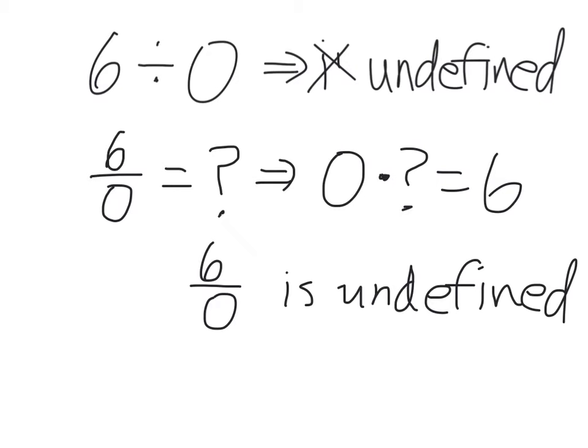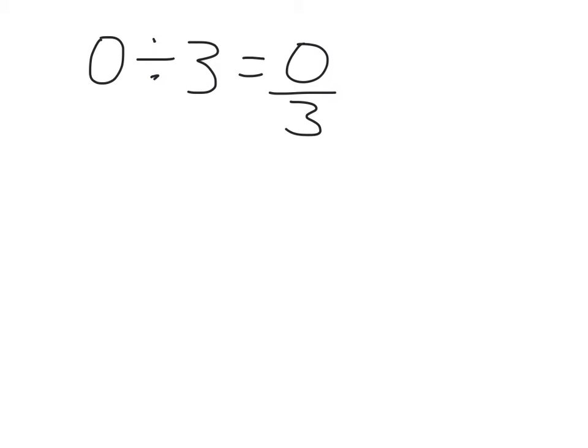Now, what if we do 0 divided by something else? 0 divided by 3, for instance, would be what?